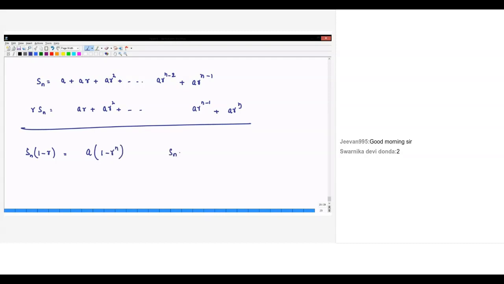Simply Sn is equal to A into R to the power of n minus 1 by R minus 1, if R is greater than 1. The same formula can be applied for R less than 1 also, but you write it as 1 minus R power n by 1 minus R, you take it.